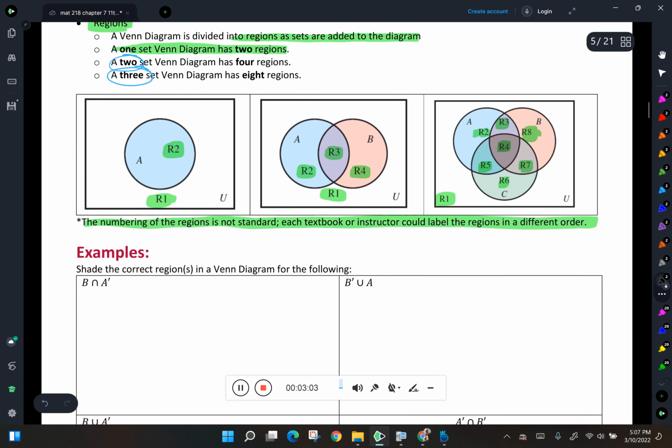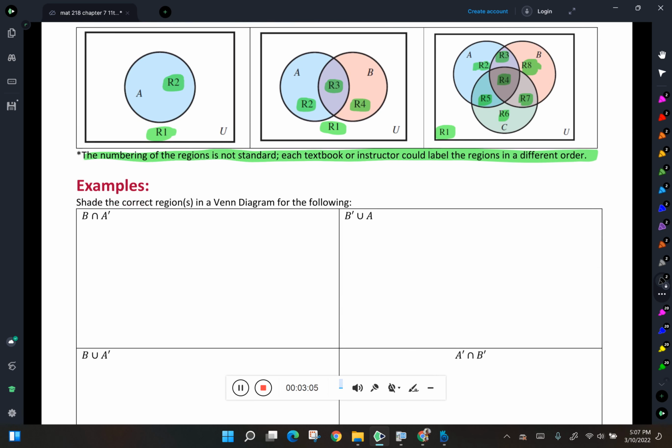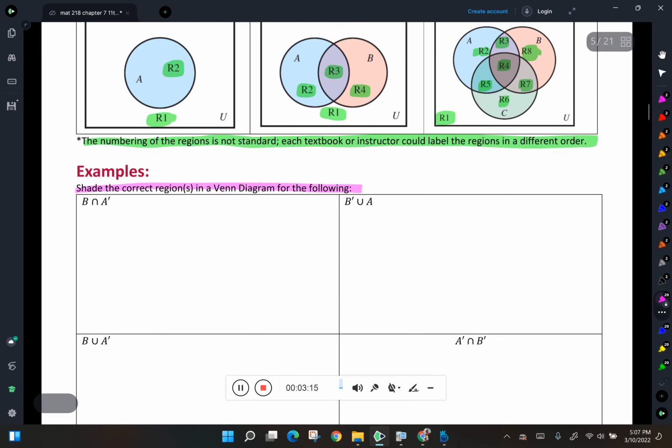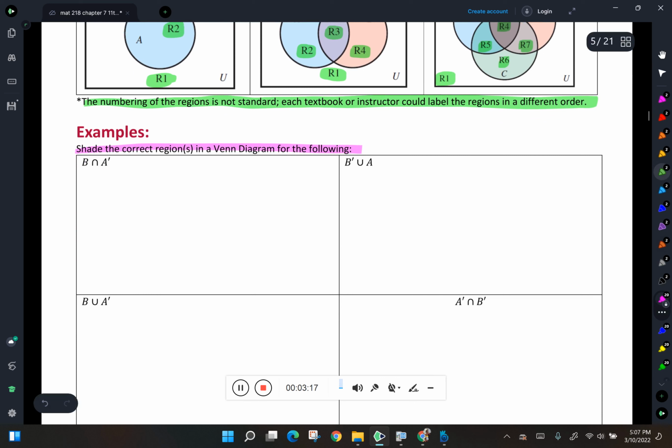All right, so for example, what I would like to do is shade the region of the Venn diagram for the following set operations. Over here on the left, I have B intersection A complement. So that means I've got a two-set Venn diagram.